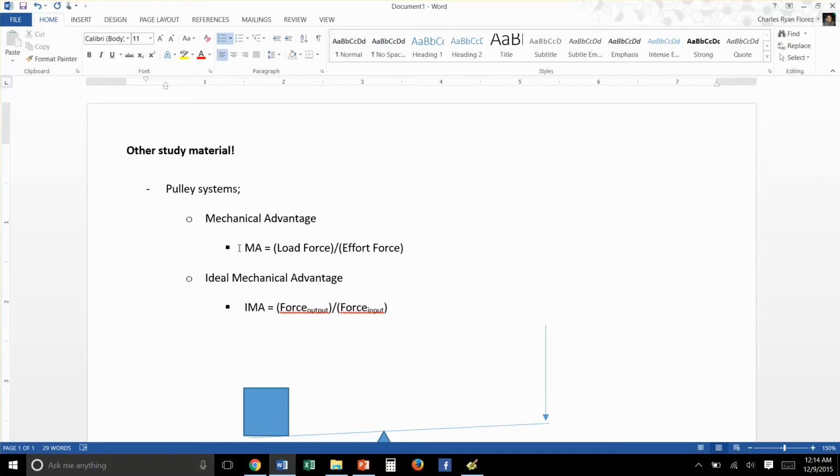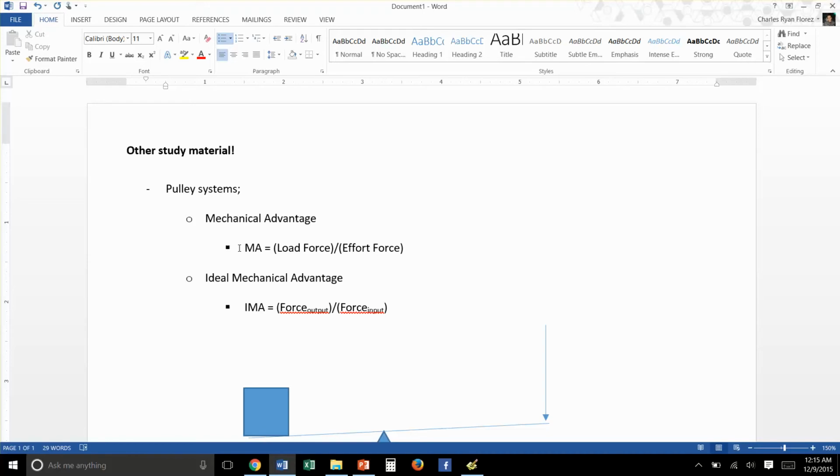If you have the ideal pulley system where you are only pulling 1/8 of the weight, that 1/8 is considered your effort force, 1/8 W, and your load force is considered just W. So your mechanical advantage is W divided by 1/8 times W, which is simply 8.